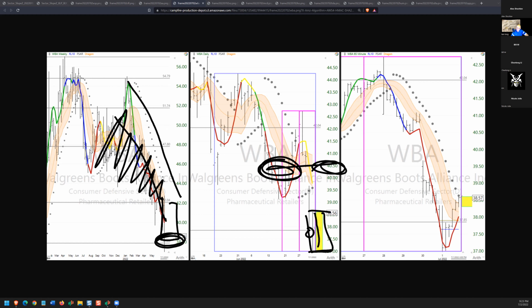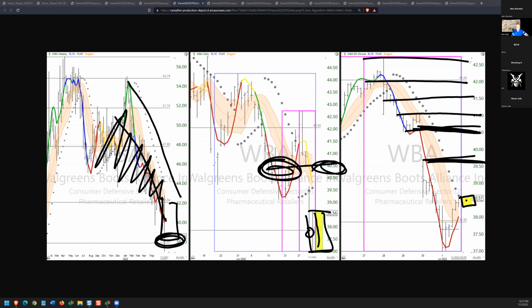So if you can get a small risk here, it has to test and get through here. Then it has a chance to close that gap. Then it has a chance to get to resistance in here. And then back to the 5-day high. Oh, so that's a pretty good 1-day move.